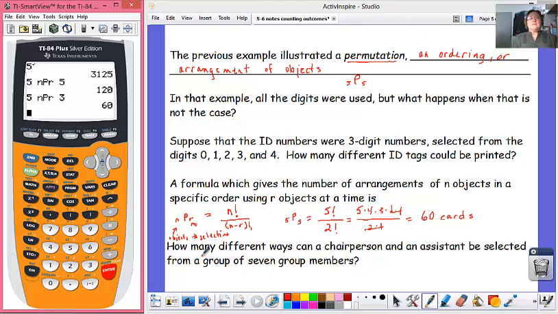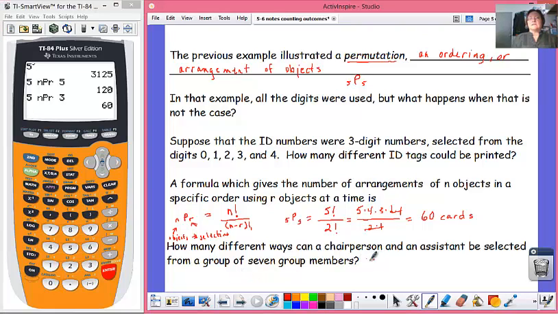So then the next question asks us to do a similar arrangement. How many different ways can a chairperson and an assistant be selected from a group of 7 members? Well, in this case, n is 7. That's the total number of objects that you have. R is 2. And the formula would say 7P2 is equal to 7 factorial over 7 minus 2, 5 factorial.